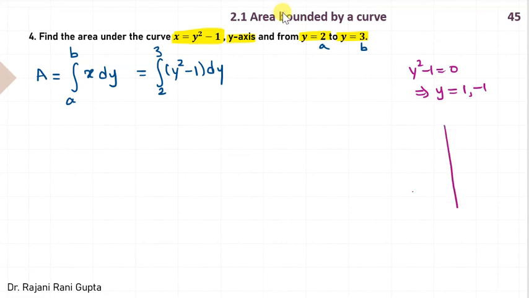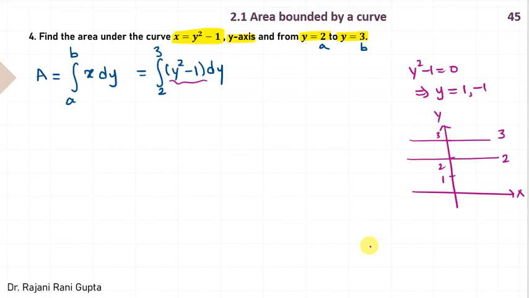So you have this as x-axis. This is y-axis. Okay. So what you will get? You have to find from say 1, 2, 3. So say 2 to 3 in between. Say y equal to 2, y equal to 3. So you have to check now whether the value of this function is on the right side or left side.